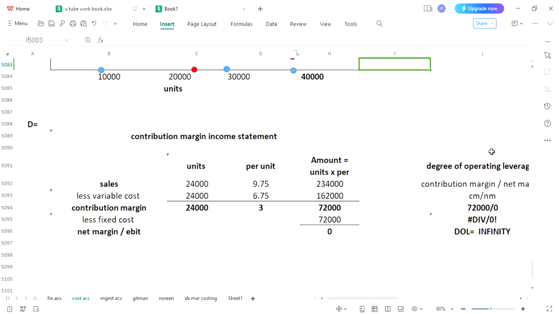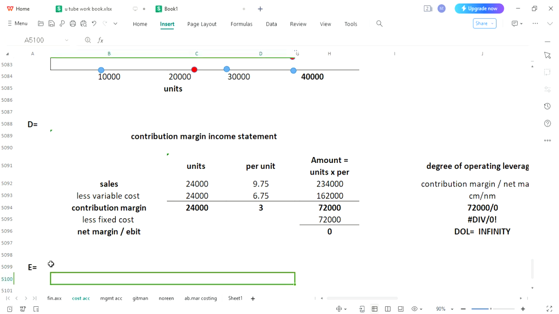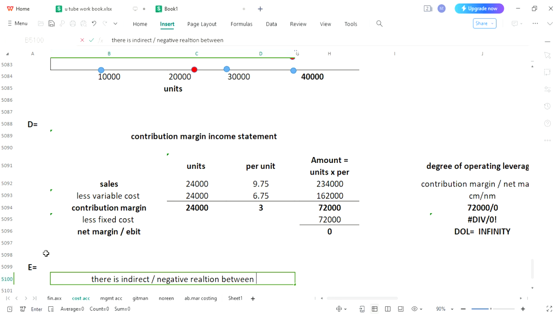So at E point, the principle which we have elaborated over here is there is indirect or negative relation between units sold and degree of operating leverage.